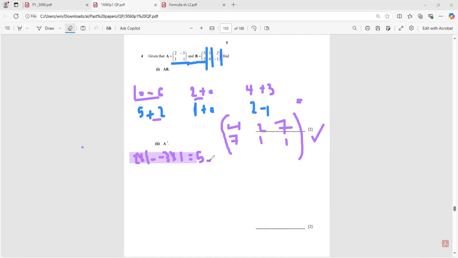Then we're going to flip it. Then the second step is easier than the first.